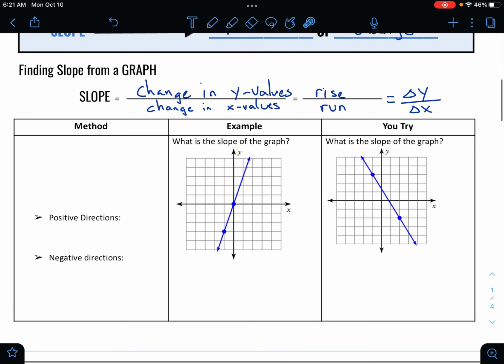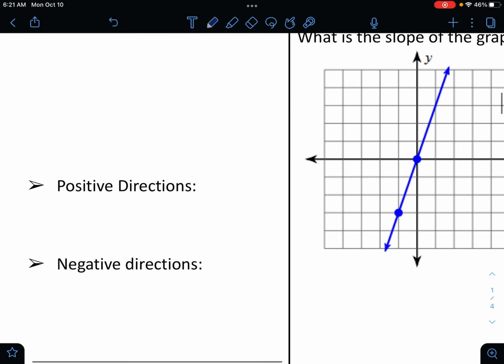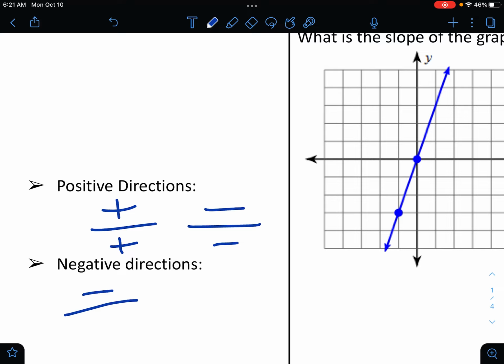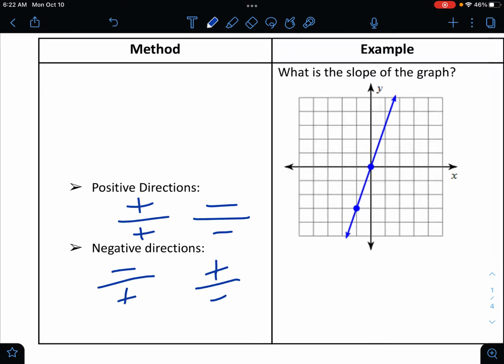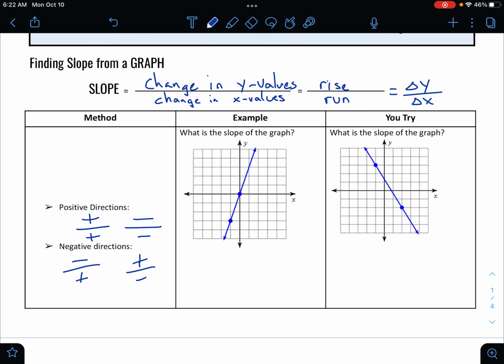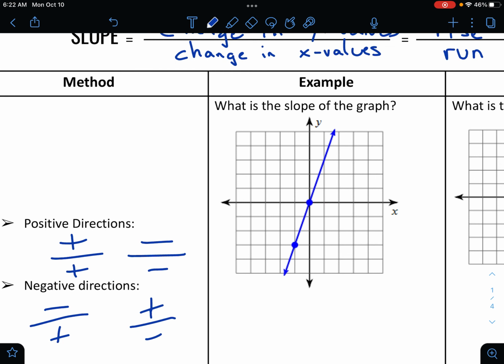So you have positive and negative directions. If it's a positive direction, then it's going to be positive over a positive, or it could be negative over a negative. For negative directions, it's going to be a negative over a positive, or depending upon how you count, positive over a negative, right? And so when we look at this first example, it says, what is the slope of the graph?